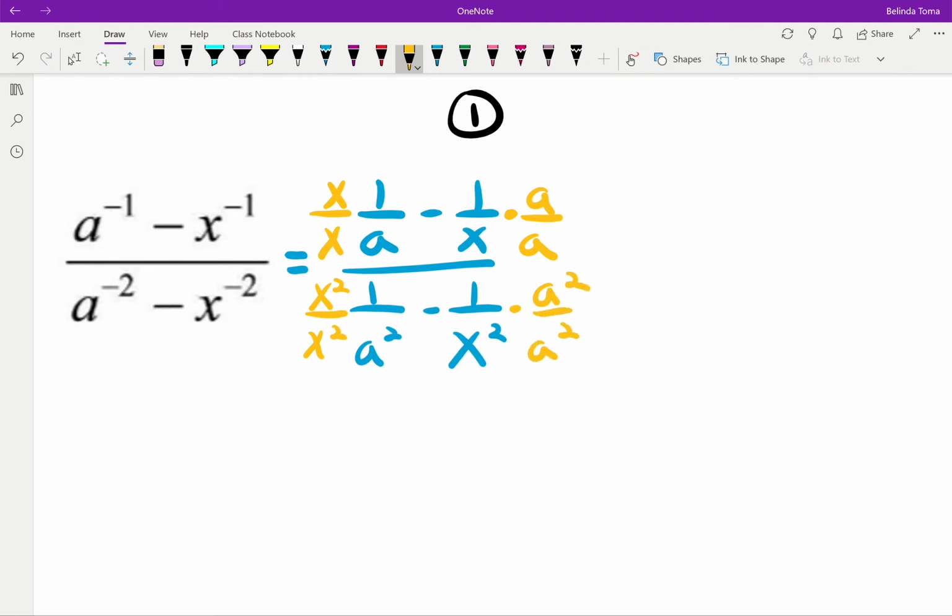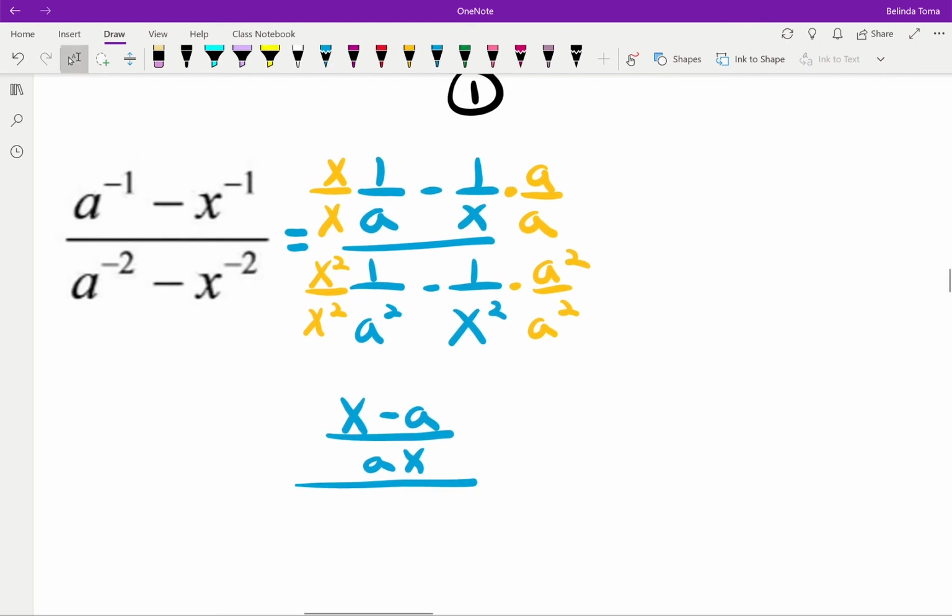So now what we end up with is x minus a over the common denominator of ax divided by x squared minus a squared over the common denominator of a squared x squared. So again, we're just transforming these fractions to get a common denominator.